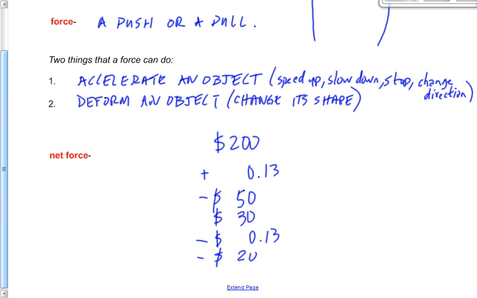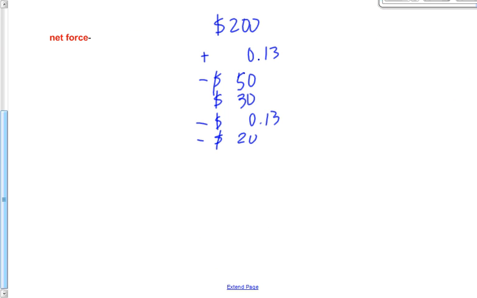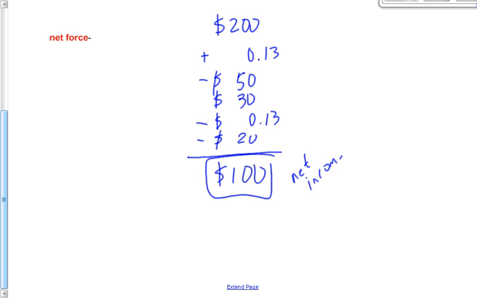And in the end, I'm left with this. What is that now, by the way? $100? I'm left with $100. That's my net income right there. So this would be my gross income. This would be my net income.